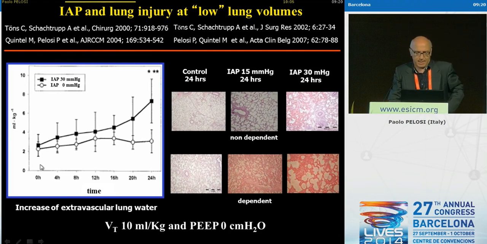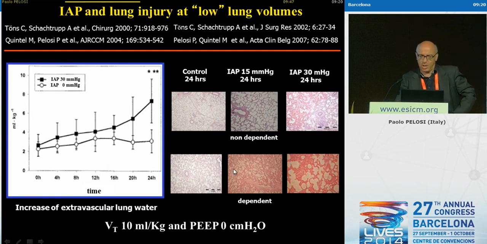You see here several studies. These are studies showing that with time, in two groups of animals, normal animals with very high intra-abdominal pressure and lower intra-abdominal pressure, there is an increase in extravascular lung water, which means that we are developing ventilator-induced lung injury.